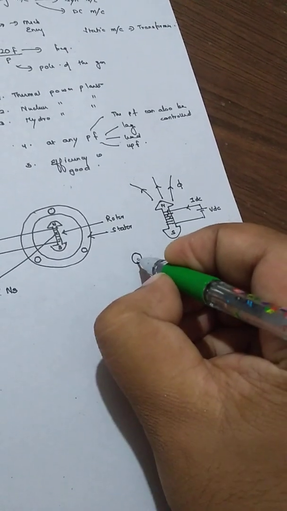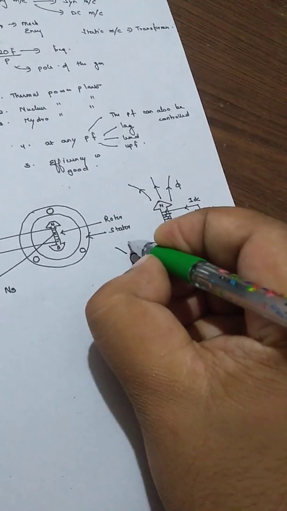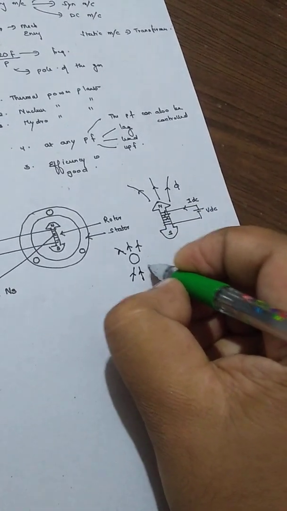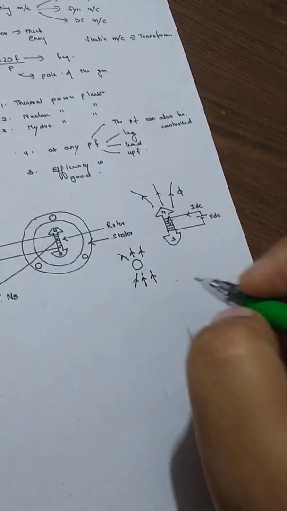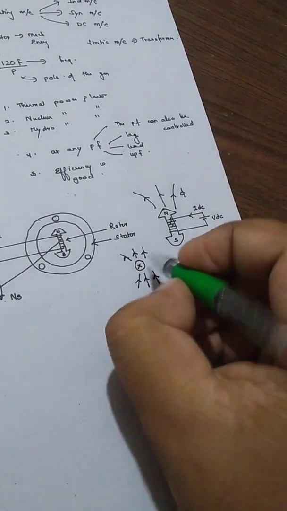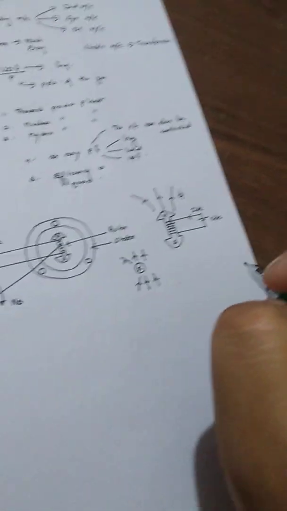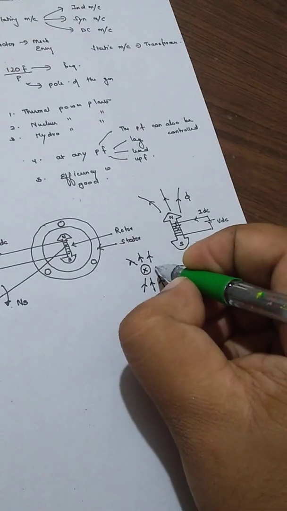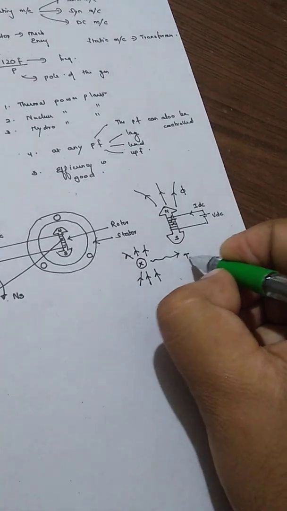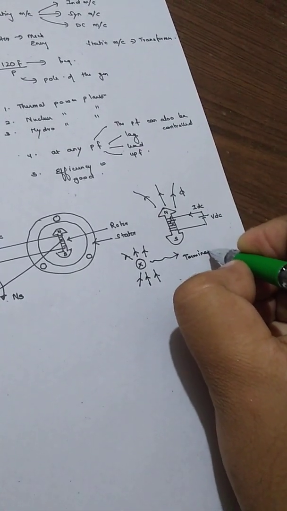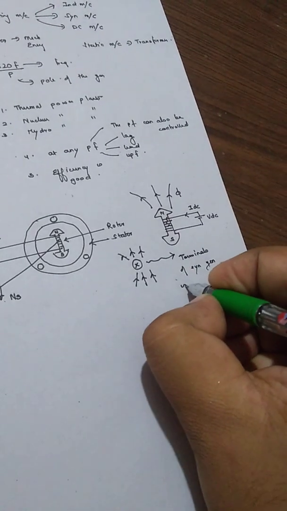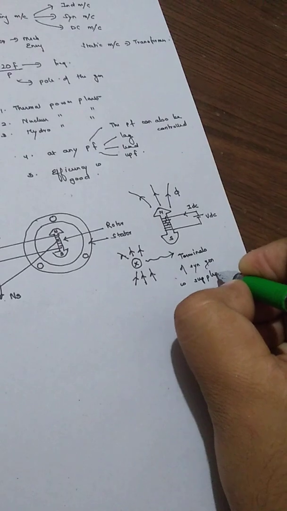This flux cuts the armature conductor, and current is produced in the conductor, it may be cross or dot, we'll see afterwards. This current is collected through the terminals of the synchronous generator and is supplied to the load.